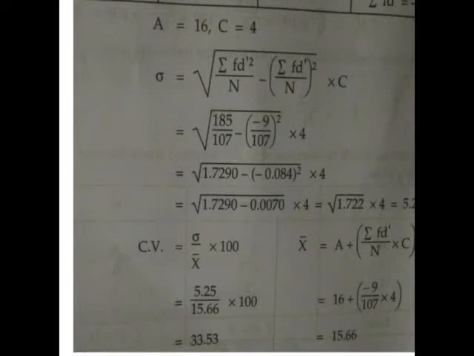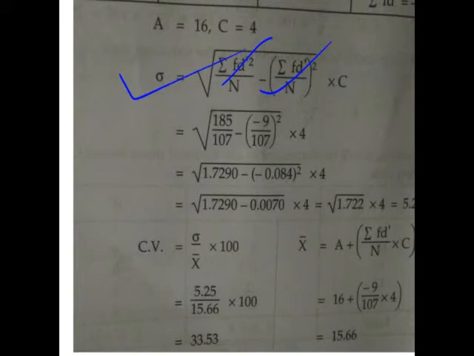Now if you are having values along with the frequency, then what you have to do, you have to go for using this formula, that is sigma is equal to square root of sigma f d dash divided by n minus bracket sigma f d dash square into c.